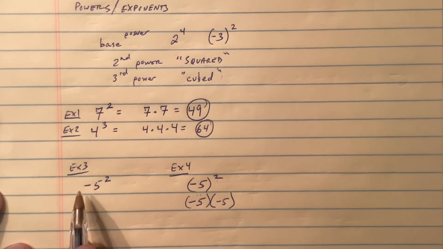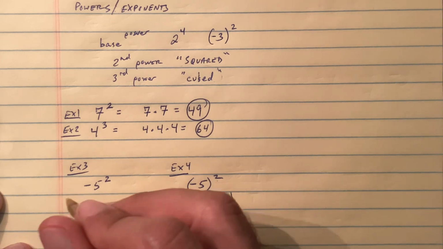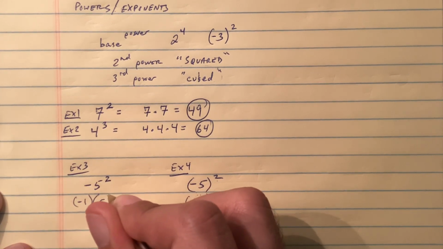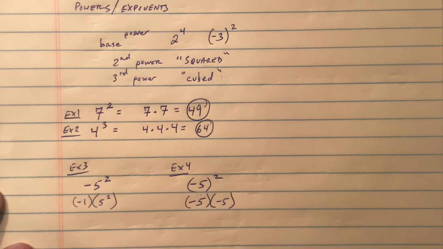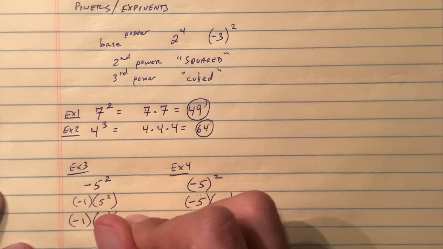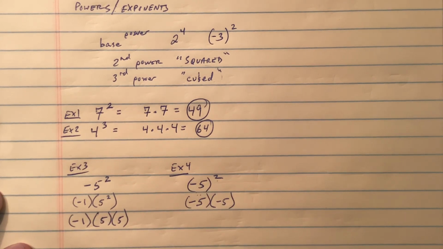Over here, though, you notice the negative is not quite attached to the 5. Order of operations says exponents come before multiplication. This is the same thing as saying negative 1 times 5 to the 2nd power. So we treat this as negative 1 times 5 times 5. If we simplify example 4, we get negative 5 times negative 5.